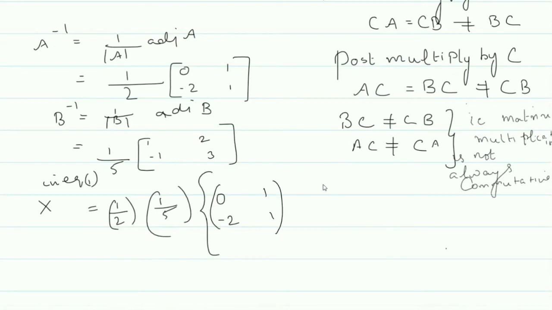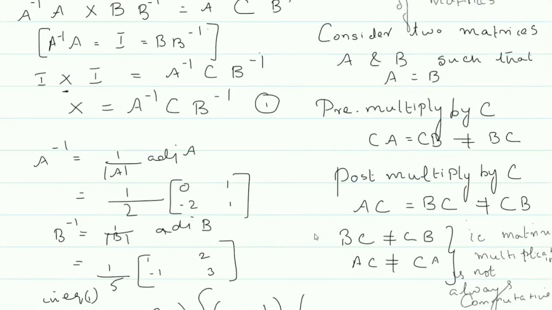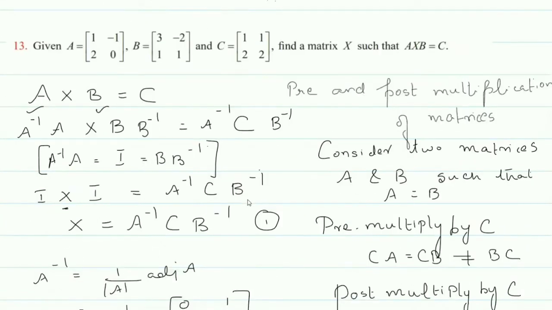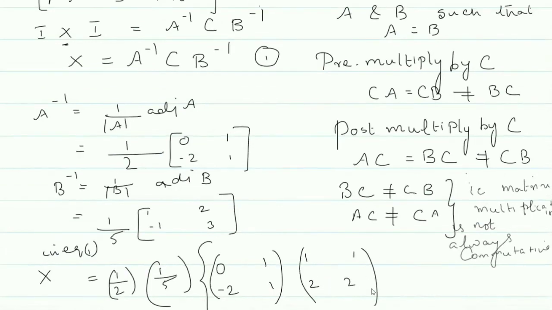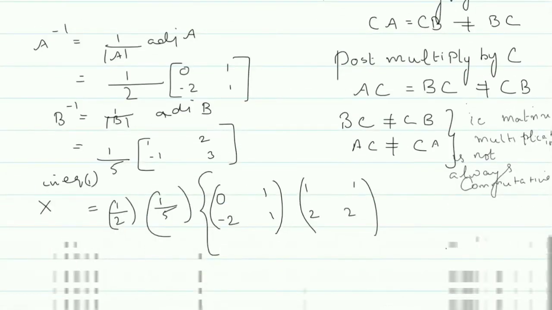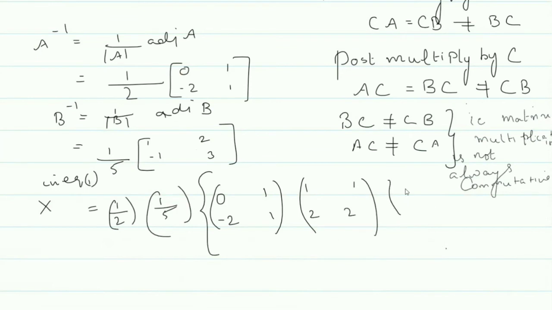Then matrix C is 1, 1, 2, 2. Then matrix B inverse is 1, 2, minus 1, 3, with the scalar taken out.